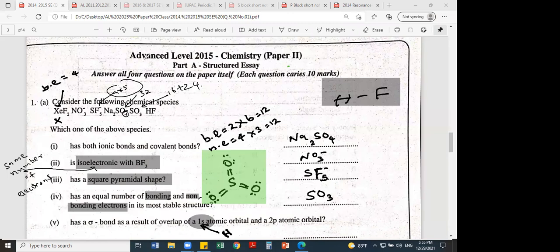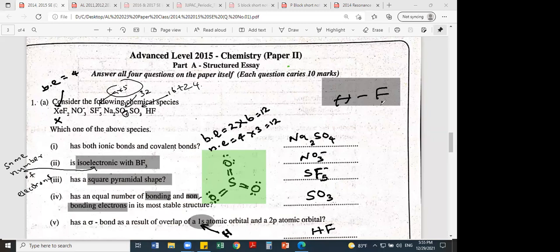Okay. Yeah, answer is correct. Very good. HF. Hydrogen is involved in none of the others. It's a very easy question.